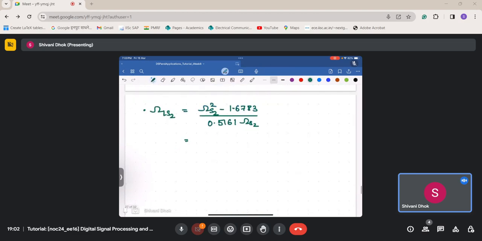So this we can write as 1.7204 square minus 1.6783 divided by 0.5161 into 1.6783, and this thing here comes out to be 1.4433. You can use your calculators and just check it once.